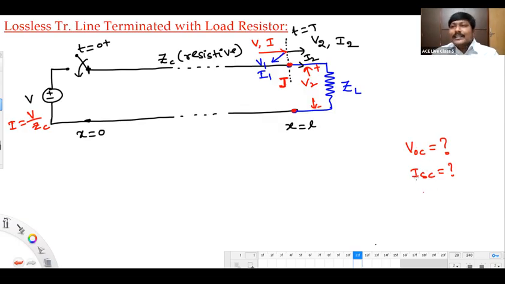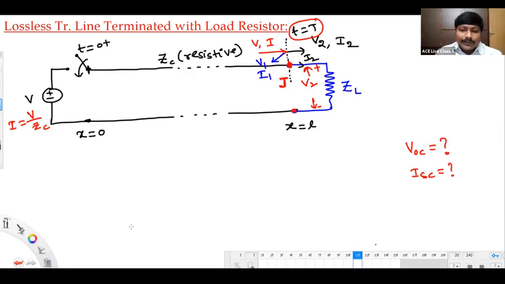With the help of these, we construct a lumped model with respect to junction J, which is valid only for the time t equals capital T. By using that circuit, we'll find V2, I2, and then V1, I1 also.